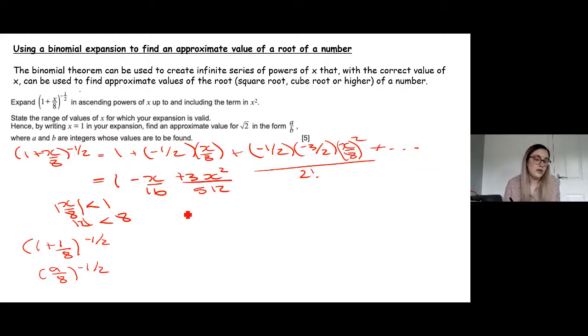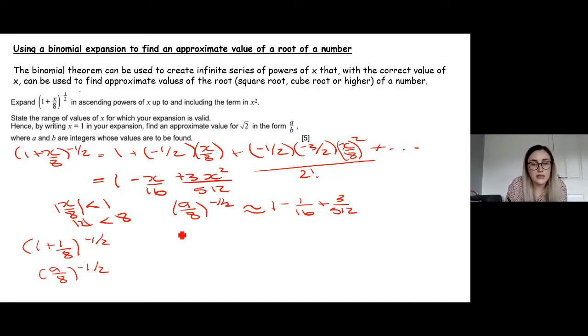So when I write that, 9 over 8 to the minus a half is going to be approximately equal to 1 minus 1 over 16, add 3 over 512. That's me putting in 1 here.